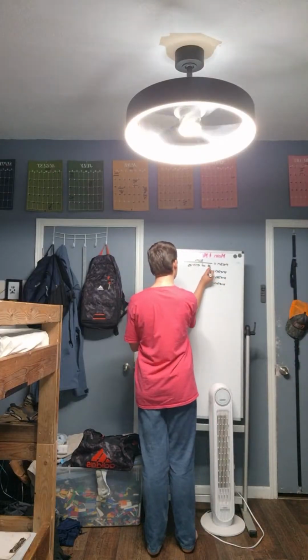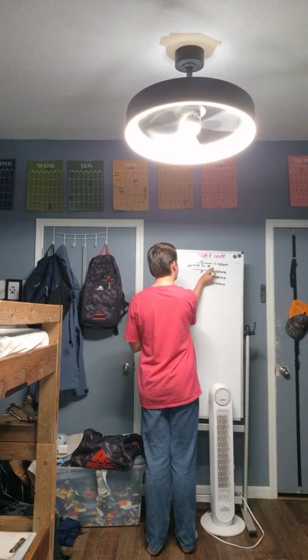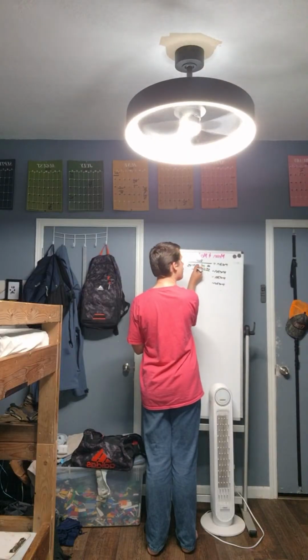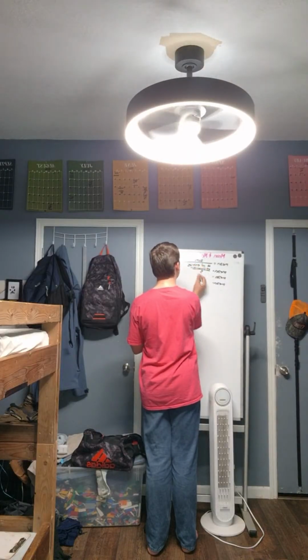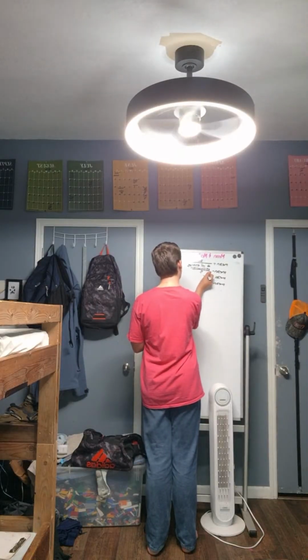So mean is going to be 5 entries: 55 plus 24 plus 60 plus 45 plus 71, which will give us 255 over 5.